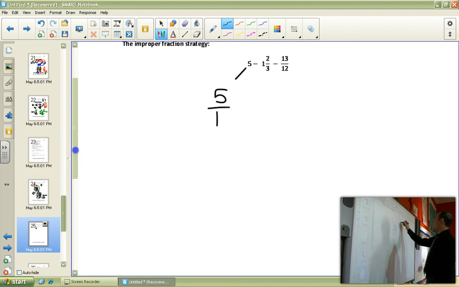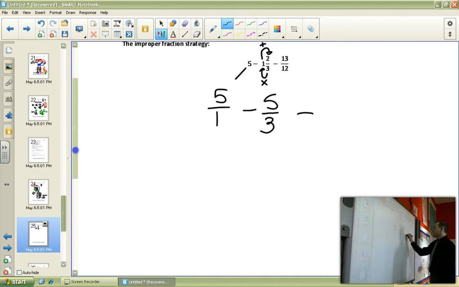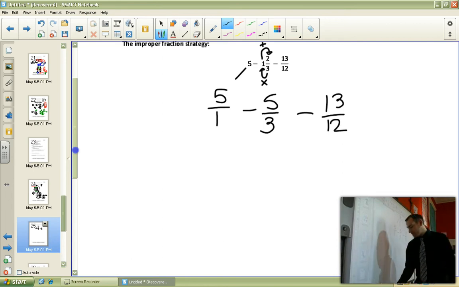Okay, our 1 and 2/3, remember I want to multiply 3 times 1 to give me 3, and then add my numerator. So that'll be 3 plus 2 is 5, 5/3 minus 13/12. Okay.